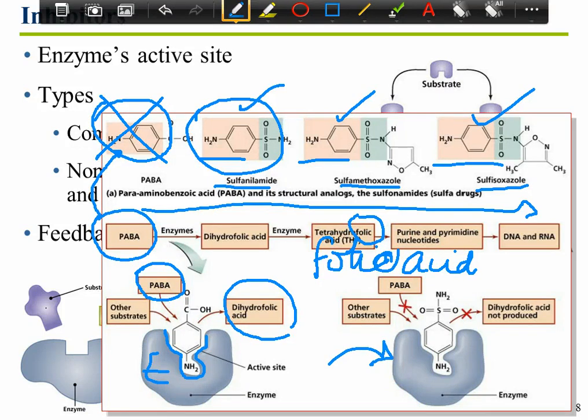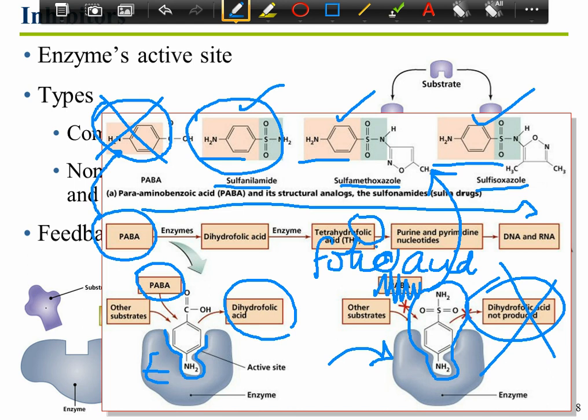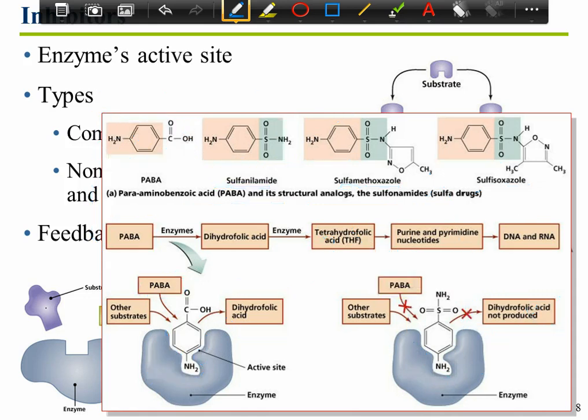So this is one of the sulfa drugs up here. And that means because it's occupying the active site, PABA cannot attach. Therefore, you don't get any folic acid, and therefore the cell cannot effectively grow, and therefore it dies. That's an example of competitive inhibition.